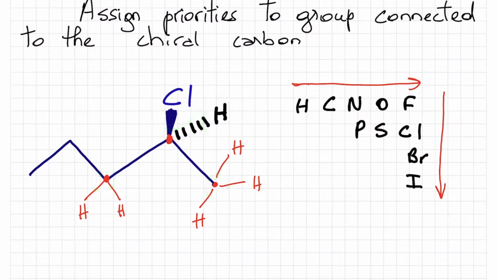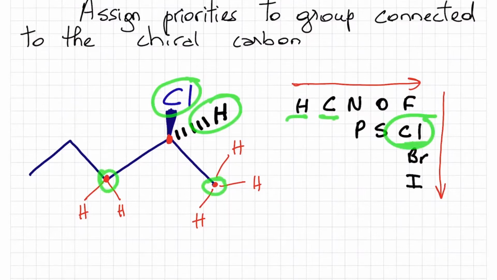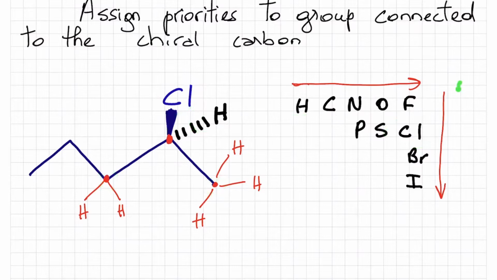Which one is the most important here? We have hydrogen, chlorine, and two carbons. We know chlorine has the highest priority because it has the highest atomic number, right? So chlorine will be the first priority.